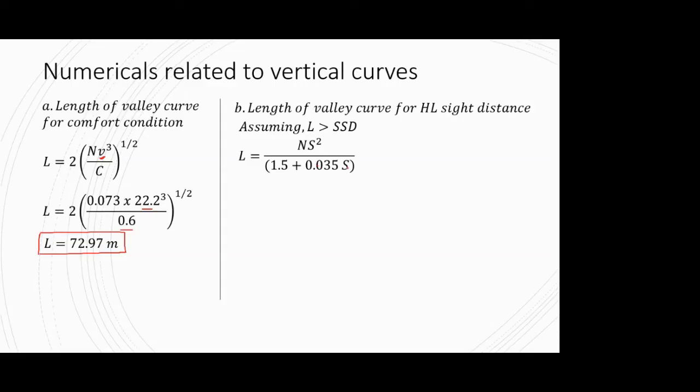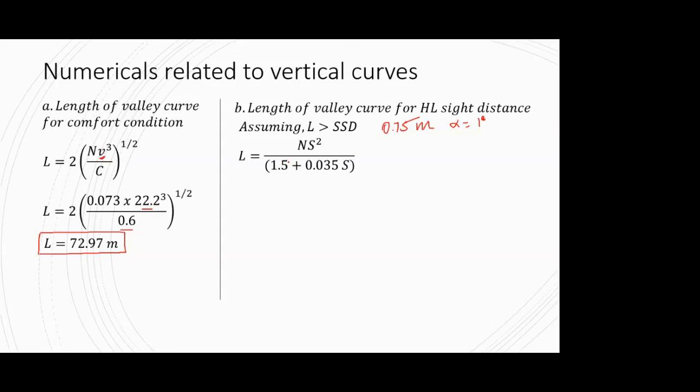So for that we have this formula, N S square upon 1.5 plus 0.035 S. Again this formula came because I had assumed the h value as 0.75 meter, and the alpha value I had assumed as 1 degree. So tan alpha comes out to be 0.035.